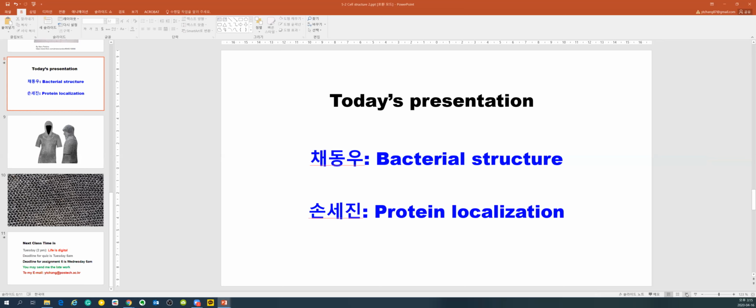Next week's class is DNA to RNA, RNA to protein, and also the important technique of DNA sequencing. Now we have learned the macro view of those molecules, how they are synthesized and how they are localized into which part of the cell.